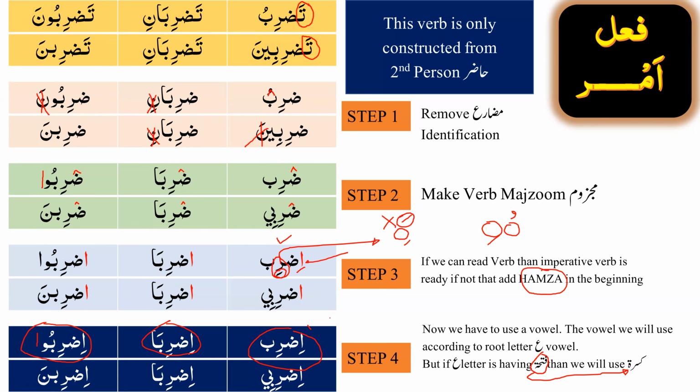So what does it mean now? Idrib. Sir, daraba means to beat, so idrib means beat. What do they say in English? Beat. Eat. Kill. Smile.